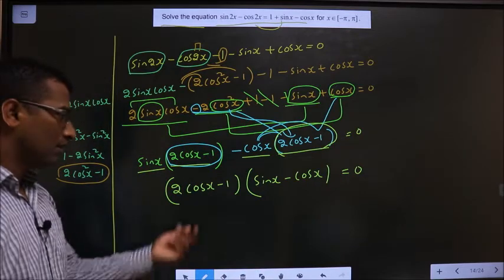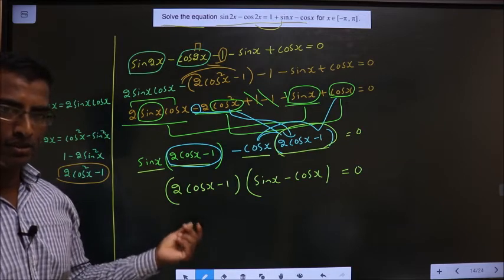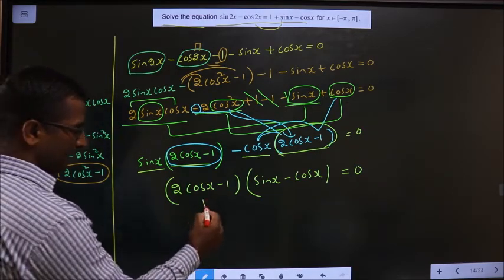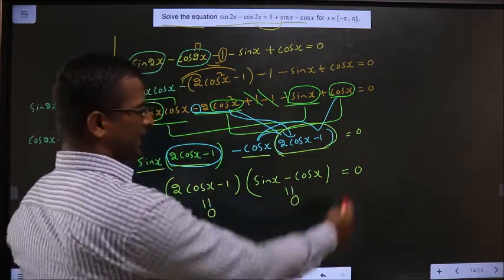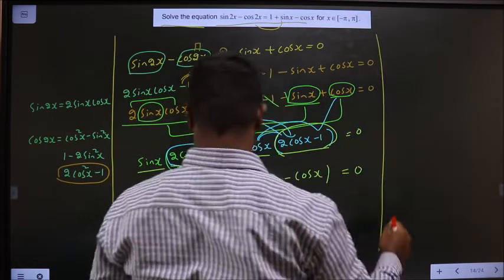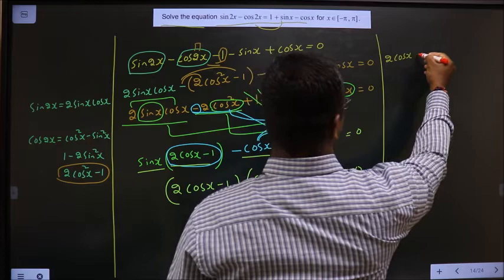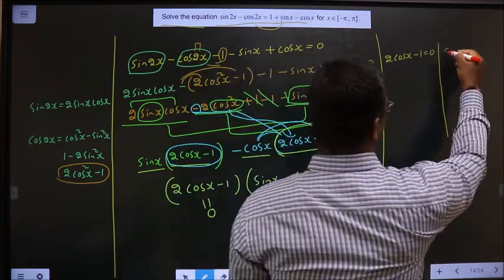Now, product of these two brackets equal to 0. So you equate each of it to equal to 0. What I mean is I will equate this to 0 and also this to 0. I write here. Now when 2 cos x minus 1 equal to 0 and this is sin x minus cos x equal to 0.